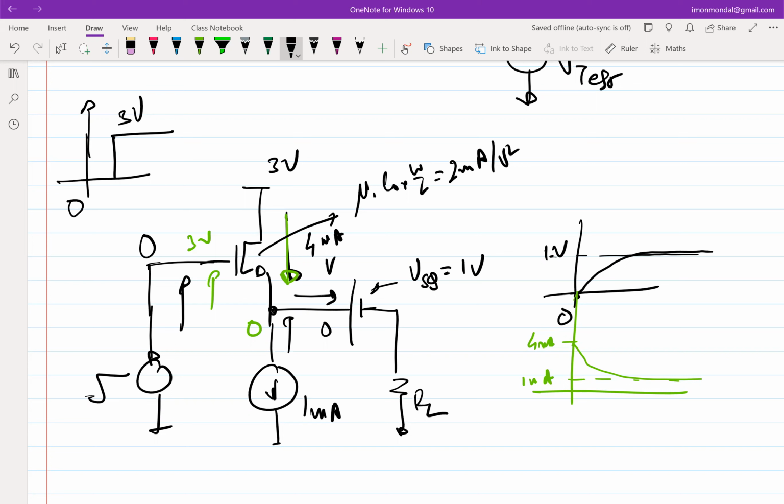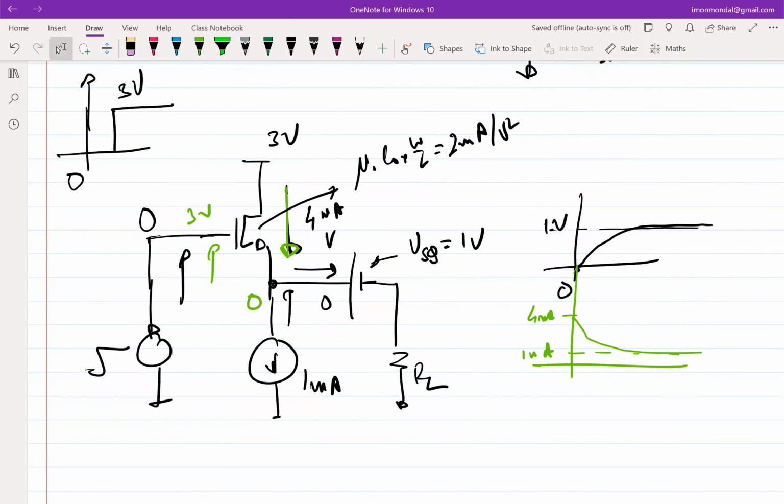It starts from 0. There is no current through the MOSFET. Now you yank it up to 3 volts. When you yank it up, how much is this current supposed to be? It will become 1 milliamp and it will settle automatically.